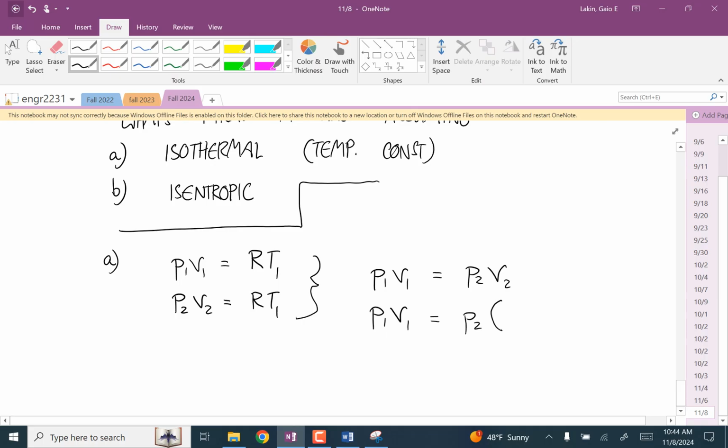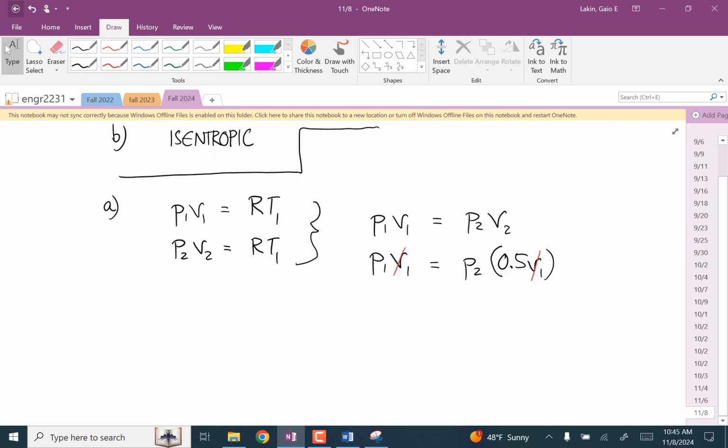We can write this as, we've cut the volume in half, so we can write this as 0.5 V1. And so cancel the V1s, and you get that P2 is just equal to 2 P1. Okay, so if you cut the volume in half, you just double the pressure, right? So P2 is just equal to 2.02 times 10 to the 5th pascals.